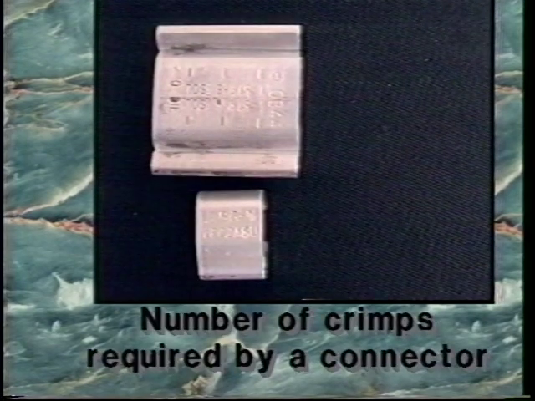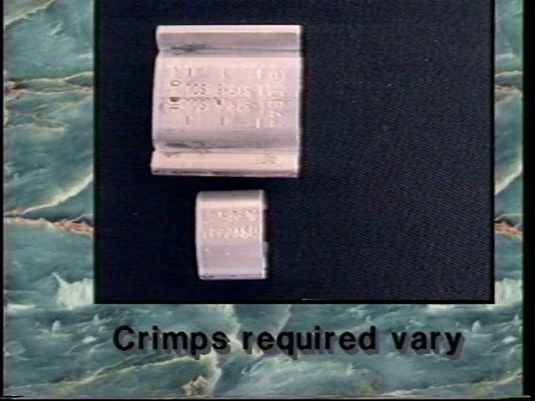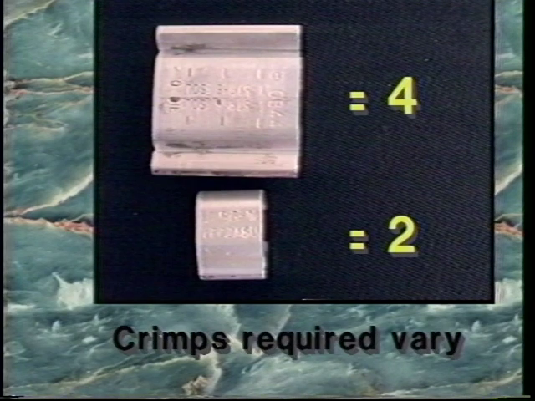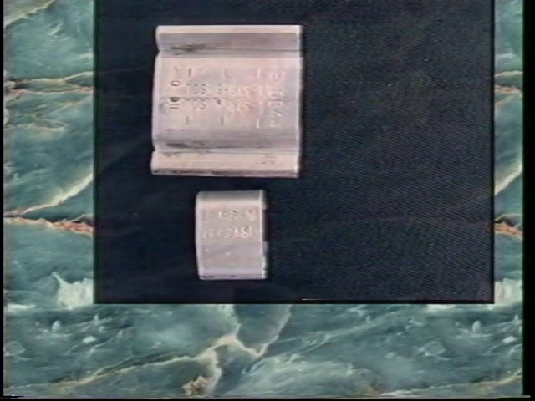The number of crimps required by a connector is also indicated on the packaging and connector. The crimps required by different connectors vary. For example, the larger connector shown here requires 4 crimps, and the smaller, 2. Read the information provided and follow the manufacturer's recommendations.